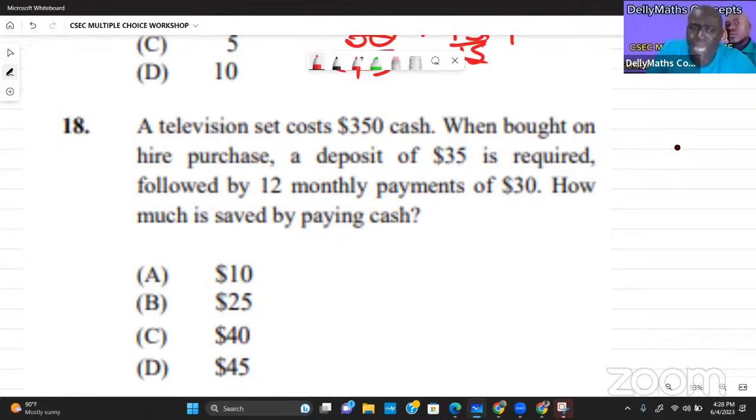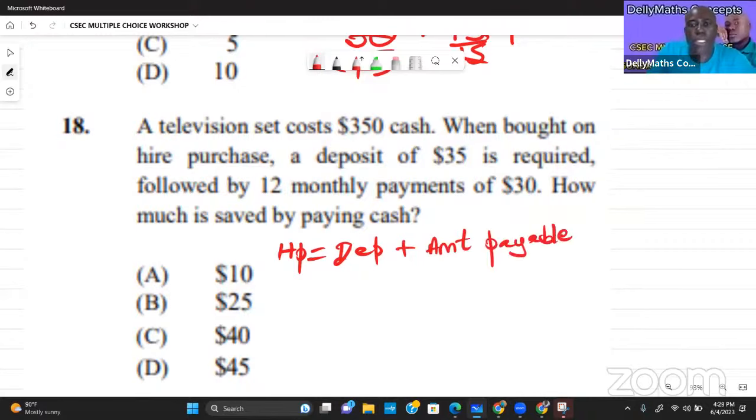My hire purchase, by definition, I'm just going to write HP for hire purchase, is my deposit plus my amount payable, right? The amount payable is the amount that you would have gone back to pay.